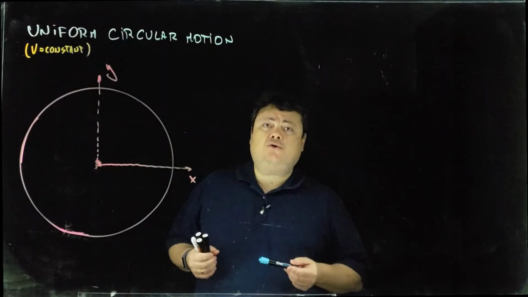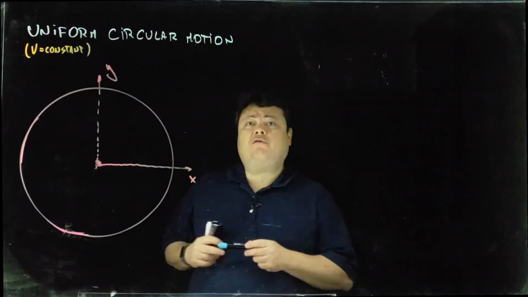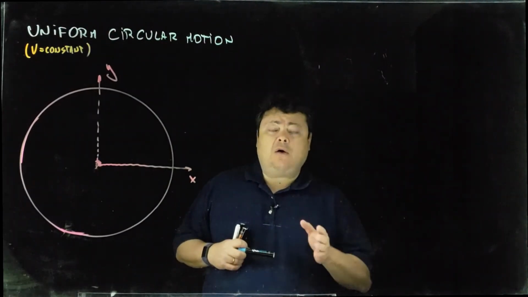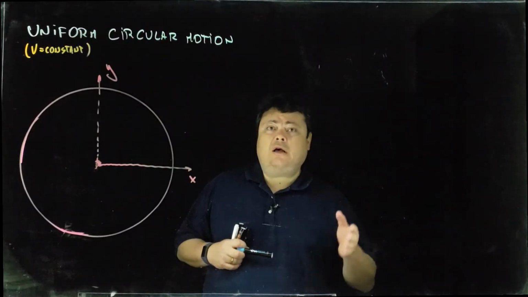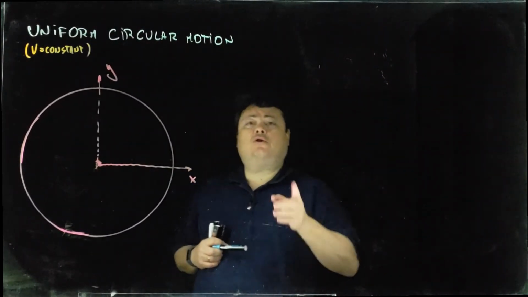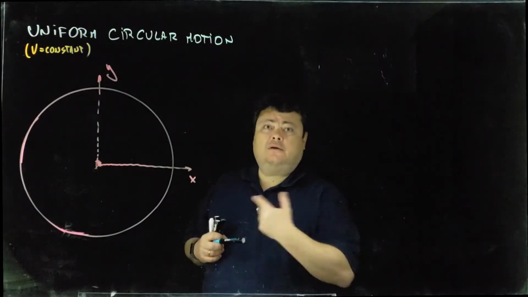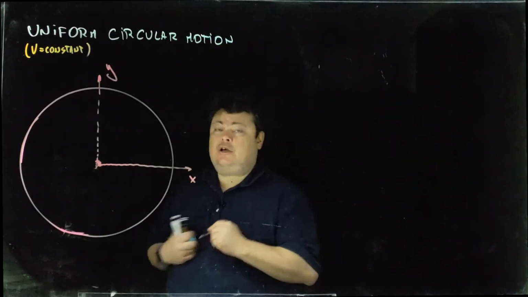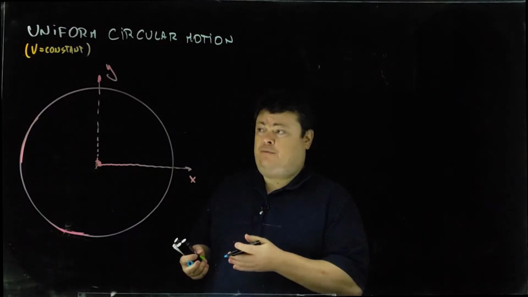Before digging into details of velocity and acceleration, I want to define with you a new quantity that is quite useful when we discuss objects moving in circular motion, which is an angular description.